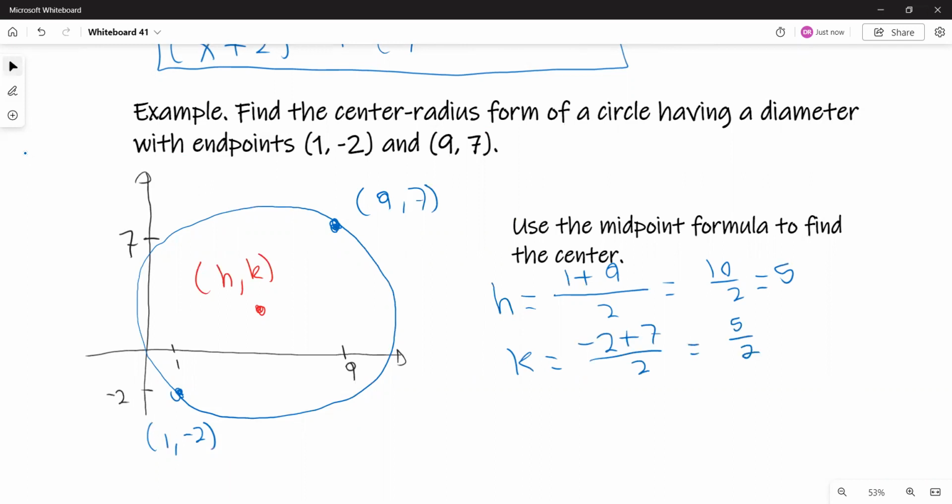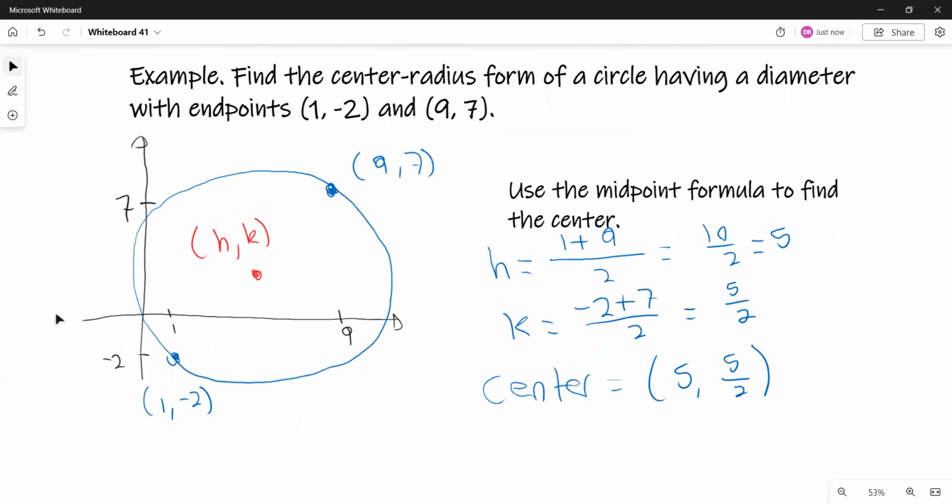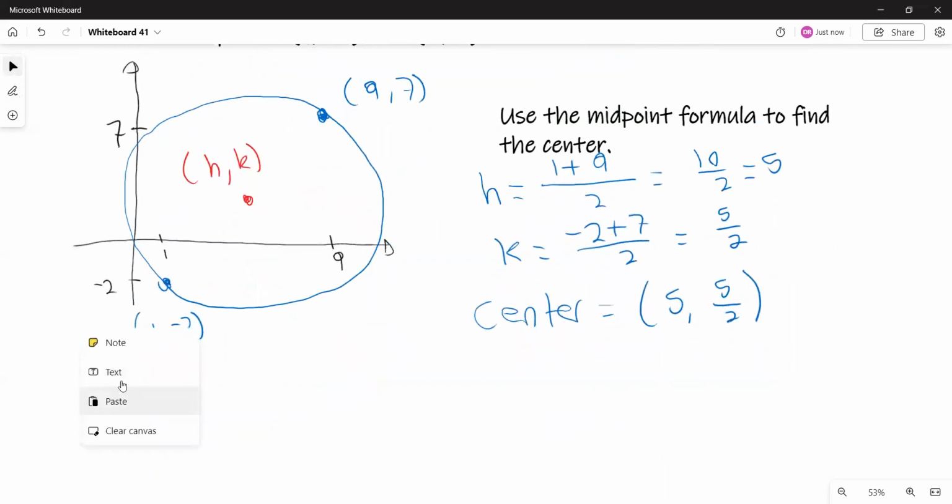Okay, so we know the center. We know that the center is 5, 5/2. And we're going to find the radius. Use the distance to find the radius.